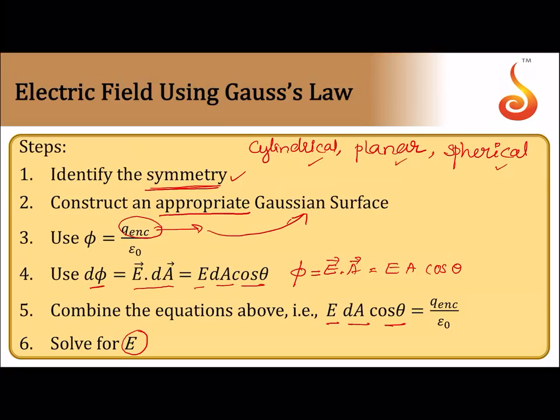Fourth step, write your first principle equation for flux. Flux phi is equal to E dot A, that is EA cos theta. Fifth step, combine these two equations and write E dA cos theta is equal to Q net divided by epsilon naught. And the sixth step is solve this equation for the electric field.